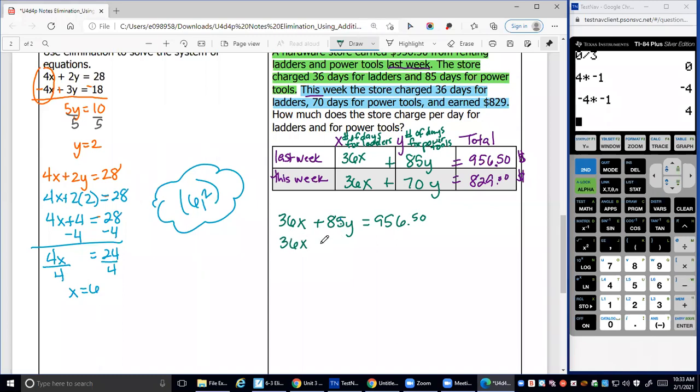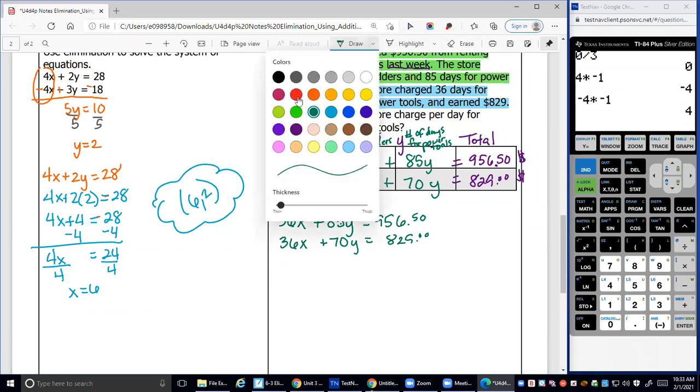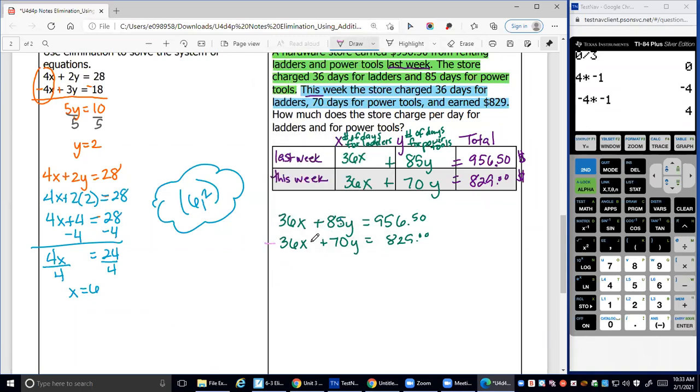Okay. And I'm going to go in and change all the signs. I got negative right here, and negative right there, and negative right there. Beautiful thing is this zeroes out.